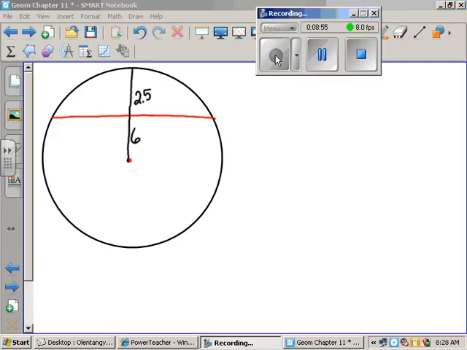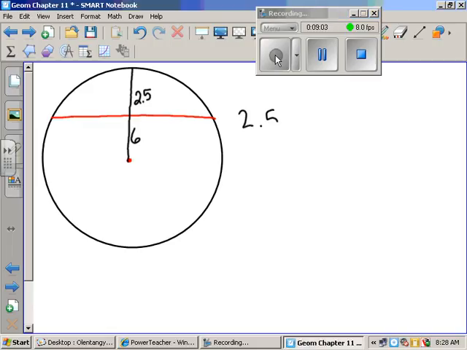Okay, the first thing you do is add those. So I added 2.5 and 6 together, and that got me 8.5.